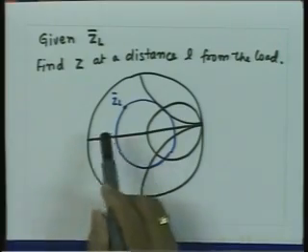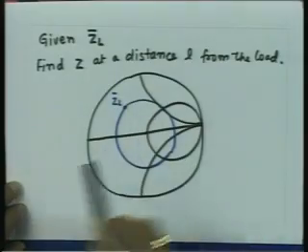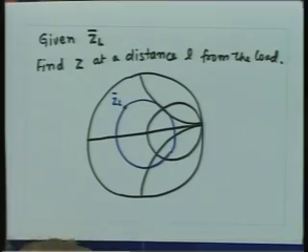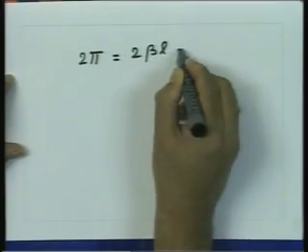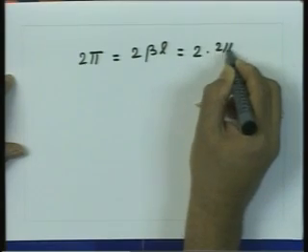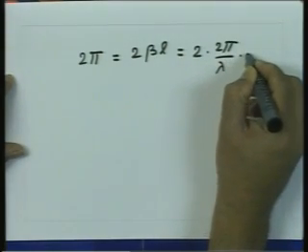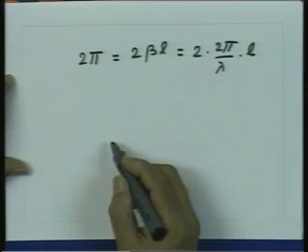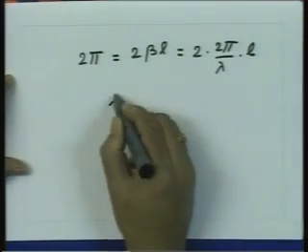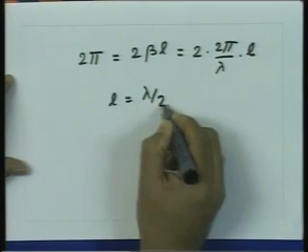A distance of 2 beta L: if I take one rotation on the Smith chart, the angle change will be equal to 2 pi. If I move on the Smith chart by 2 pi, that is equal to 2 beta L equal to 2 into 2 pi by lambda into L. So, L will be equal to lambda by 2.